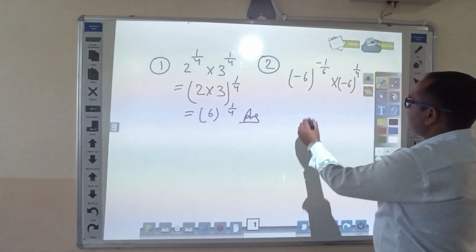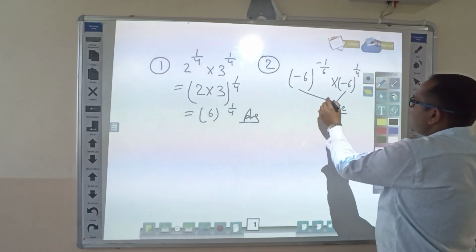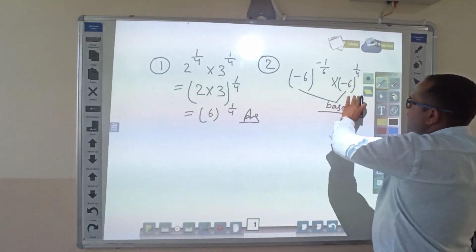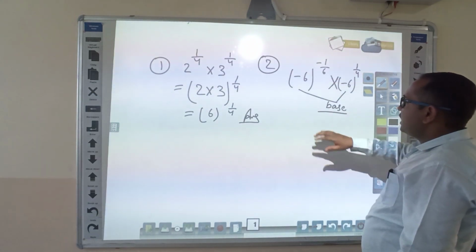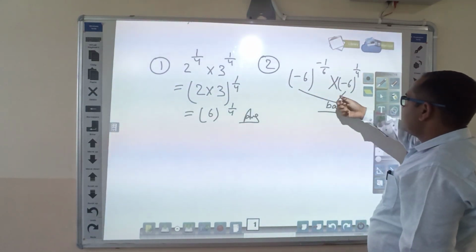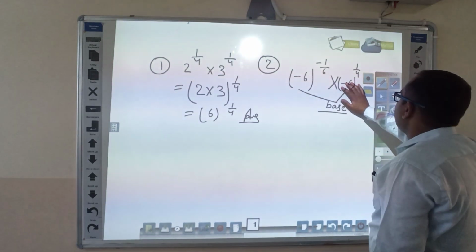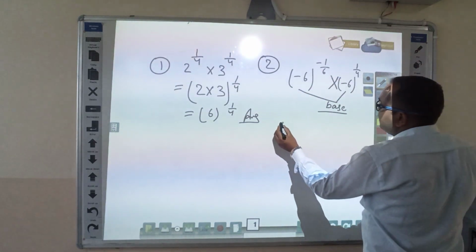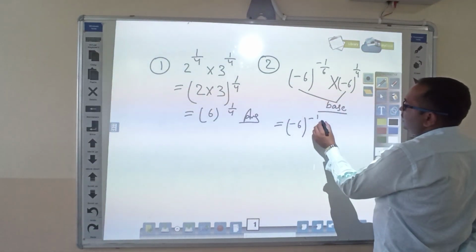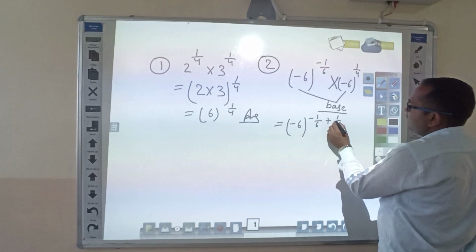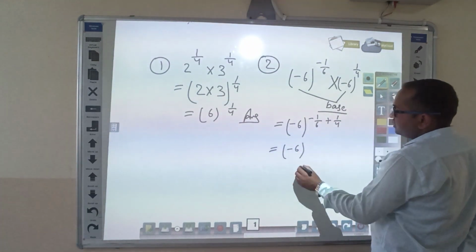The bases are the same, and the exponents are different, and these two are in multiplication with each other. So we know that when the numbers have the same bases and they are in multiplication form, we simply add the exponents taking the base common. So we add the exponents taking the base common, it gives minus 6.